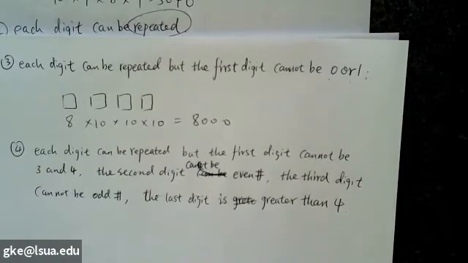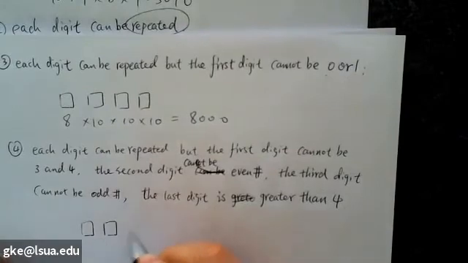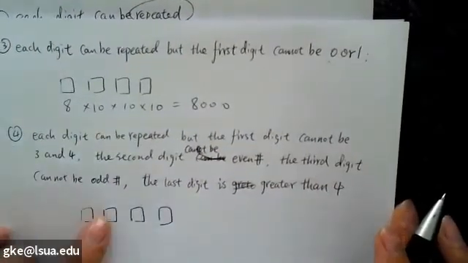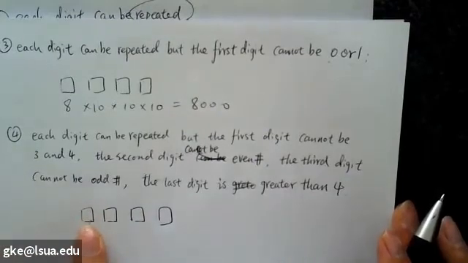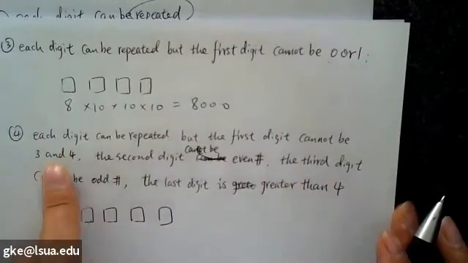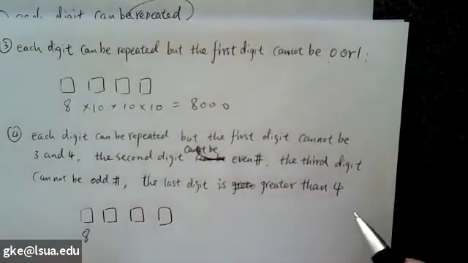You're done? Very good. Fantastic. So let me write down the answer on the board. For the first box, corresponding to the first digit, cannot be 3 and 4. That means we have 8 possibilities, right?